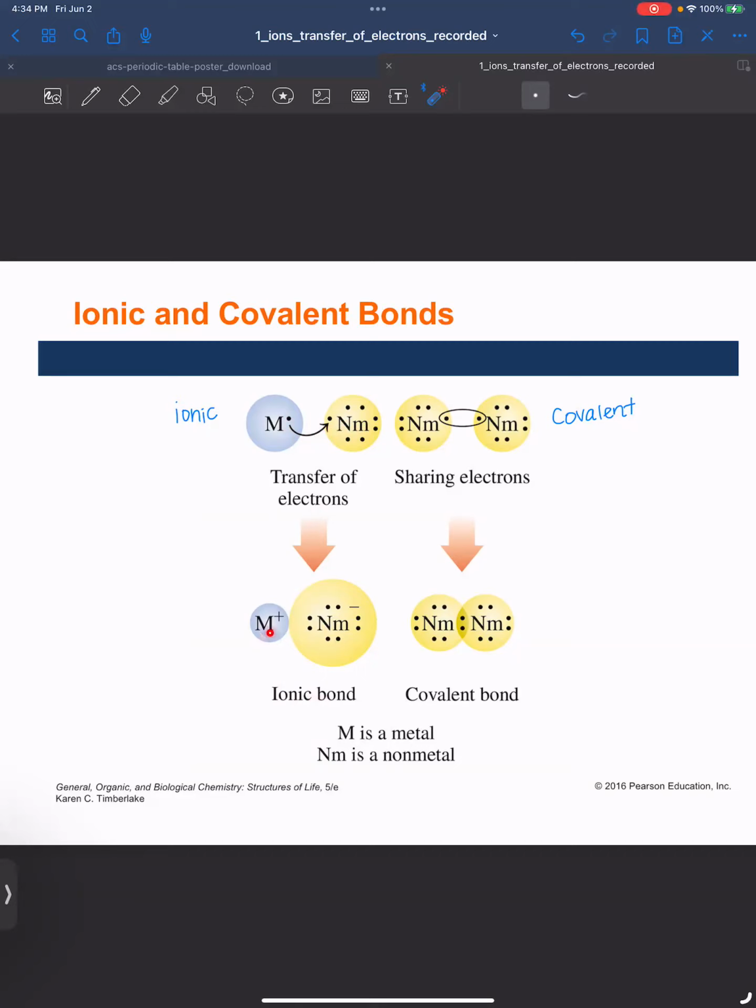That leaves the metal positively charged and the nonmetal negatively charged. Whereas when we form a covalent bond, two nonmetals share electrons. So you see how they're kind of overlapping here, and that's a covalent bond. So ionic bond, electrons are completely transferred. Covalent bond, electrons are shared.